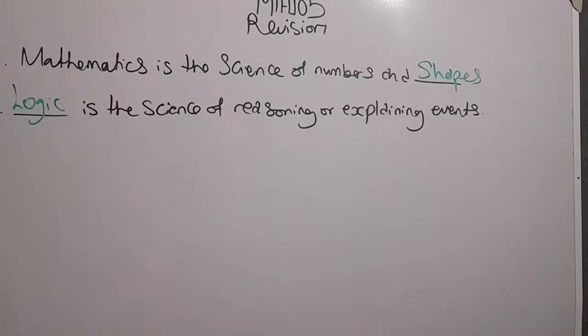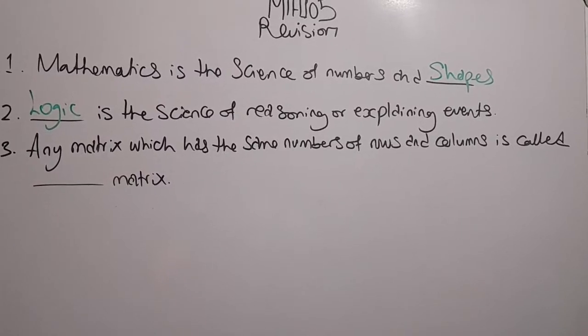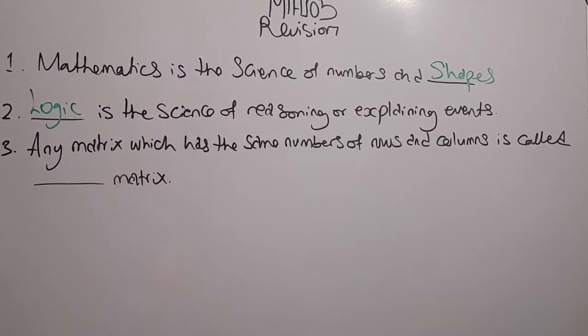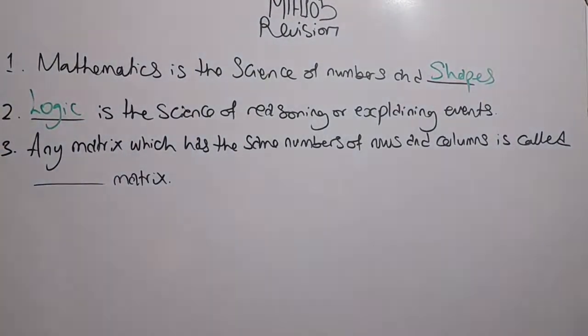Now, let's take this question. Any matrix which has the same number of rows and columns is called dash matrix.